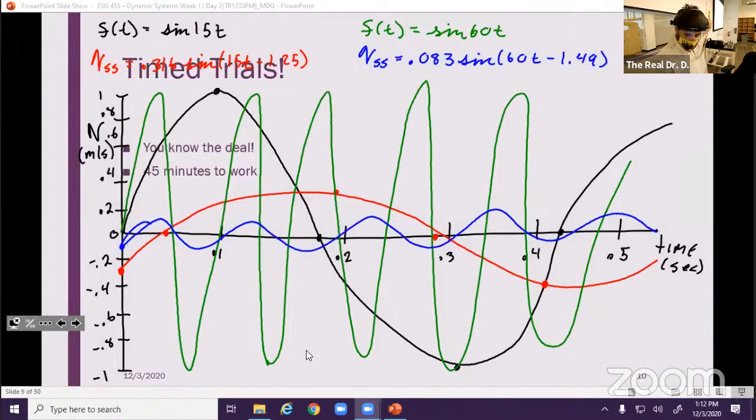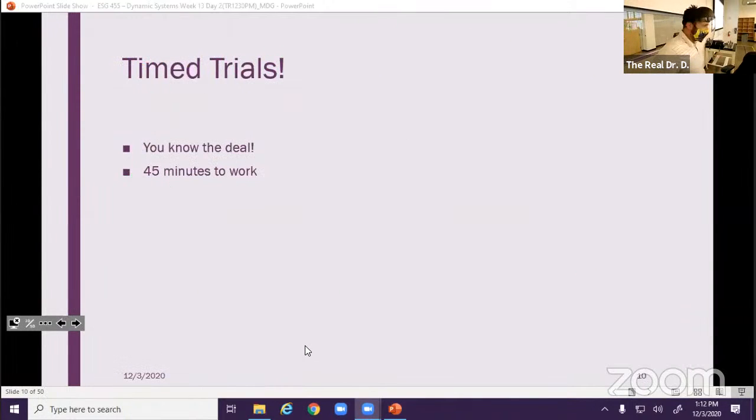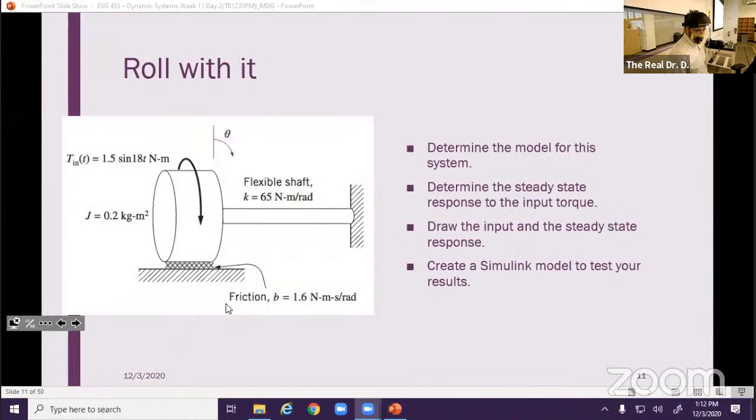Well, if there's no questions, then we're going to do time trials today for points. You'll get 45 minutes to do the next problem. What problem? This one. You guys know the rules and the deal, right? We're going to find the model, and we're going to find the steady state response, and you're going to draw the input and the steady state response, and you're going to create a Simulink model to make sure that it's what you thought it was.